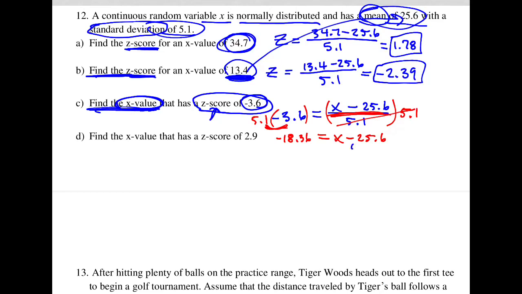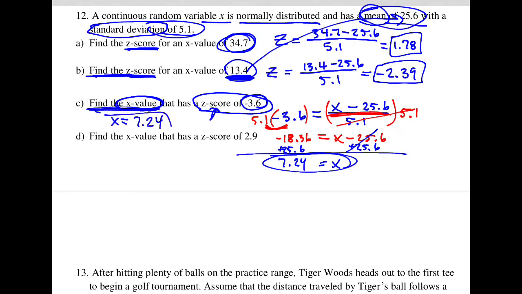And now we're just going to add that 25.6 to both sides, just like we would if we were solving an equation in algebra. And now we get x by itself. So we have x is equal to 7.24. So that's the x value that has a z-score of negative 3.6. So x equals 7.24.